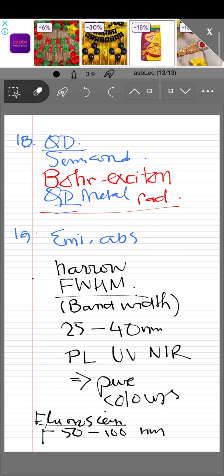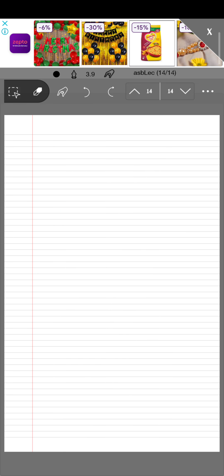So, unlike organic dyes, the semiconductor quantum dot shows a broad absorption spectrum. Also, a high quantum yield means high brightness. If the quantum yield is more, it will automatically mean that the brightness is high.